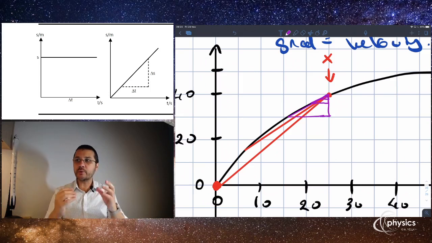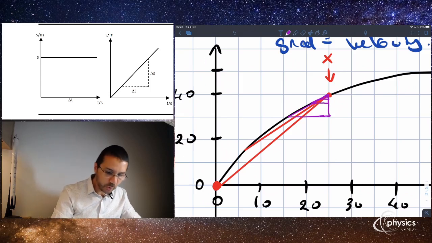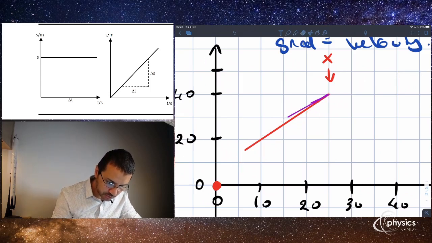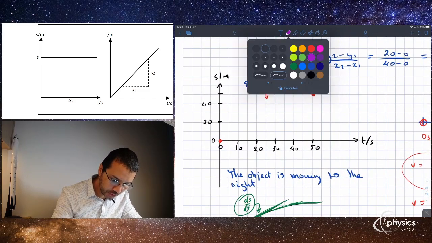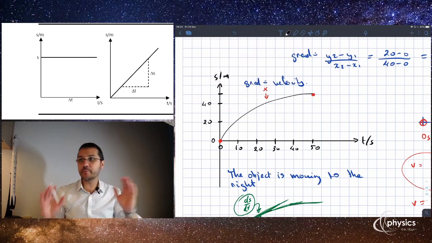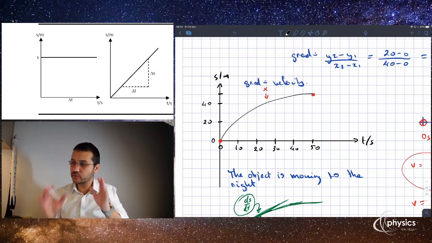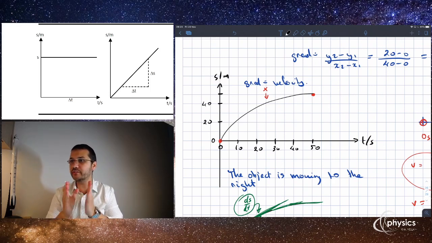So, in physics, how are we going to find the gradient at a point if we're not going to use calculus, if we're not going to use this method? What we're going to do is use a graphical method. It's not a perfect method, alright? But we can still use this method to find the velocity at a point.